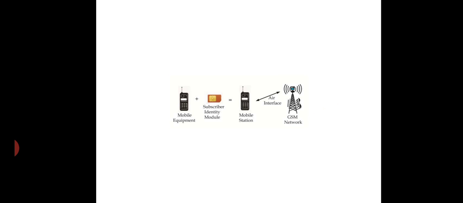The mobile station is used to connect to any mobile network, and it is used in the communication between them. The antenna is used for converting EM waves into RF signals and RF signals into EM waves. It acts like a transceiver antenna.